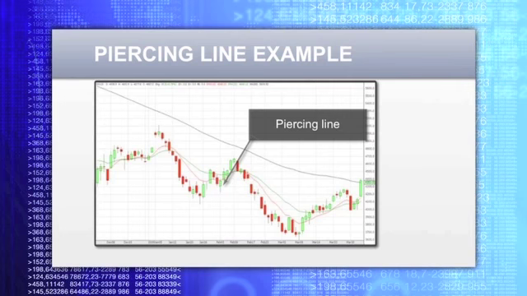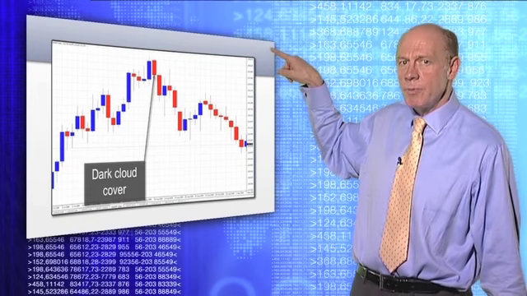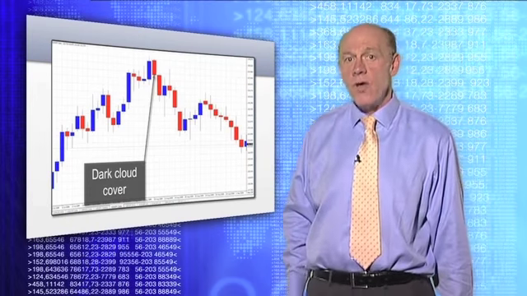The dark cloud cover. Now, if you can use your imagination, just have a look. We've got some blue candles up the page. We then get a red candle. On the red candle, it opens higher than on the close of the blue candle.